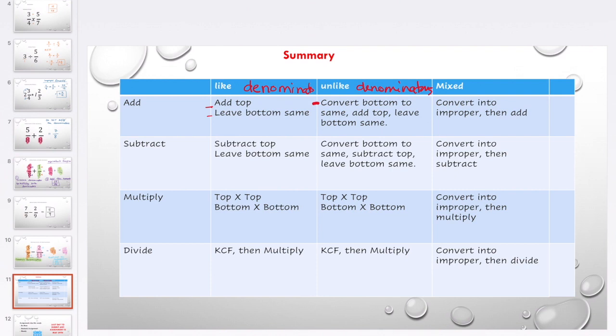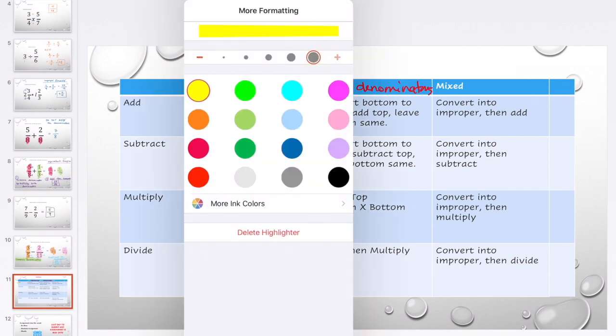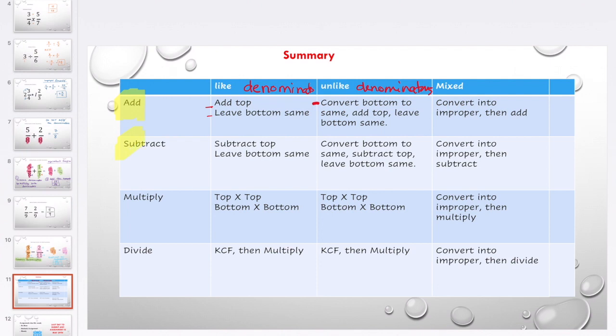Add the top, leave the bottom the same. If it's mixed, you have to do improper fractions. And the easiest part to remember is that adding and subtraction are similar because you have to convert into the same denominator. If you don't have to convert, you just add or subtract.